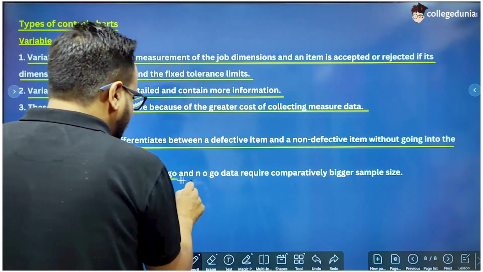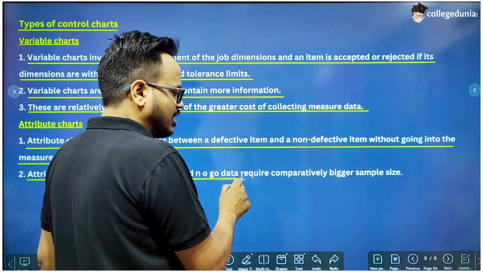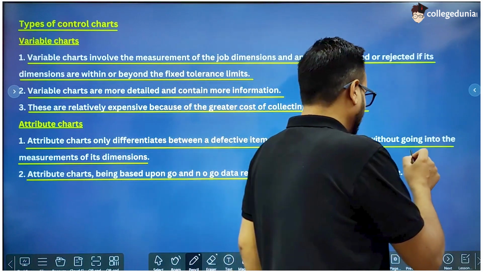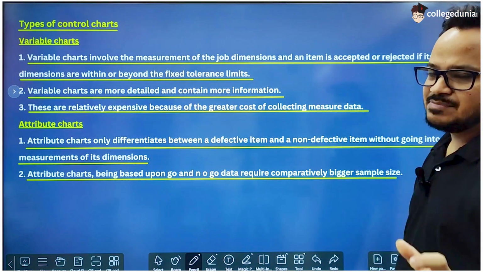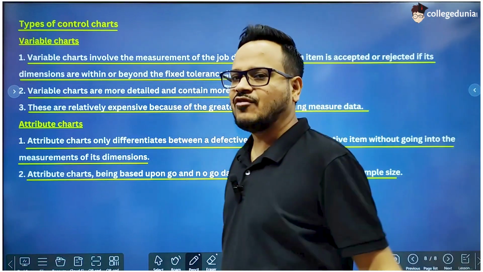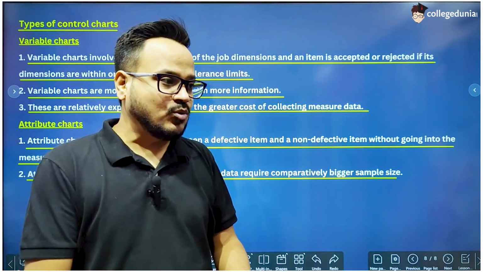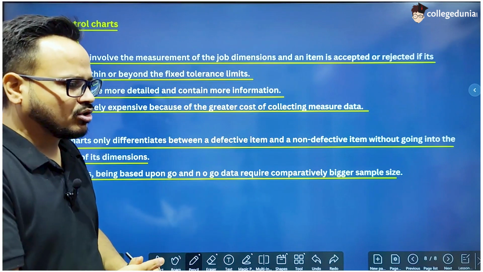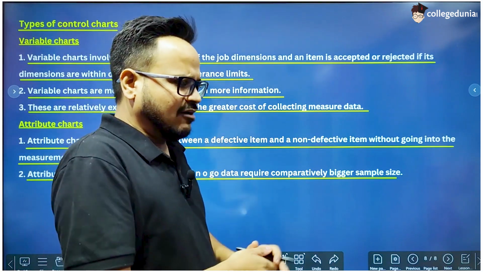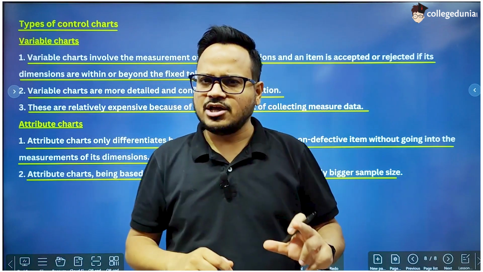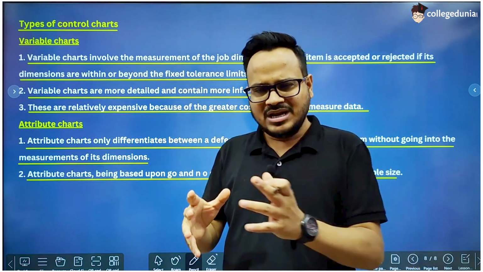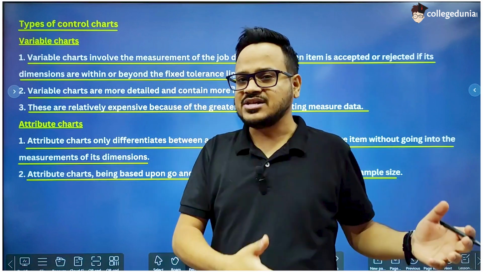Attribute charts, being based upon go and no-go data, require a comparatively bigger sample size. Sample size means the number of items that we use to check whether this is acceptable or not. For example, I have manufactured that item and the bore radius was 1.71 millimeter. But that was just the first item.